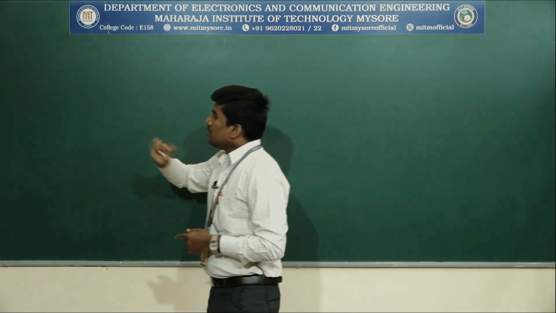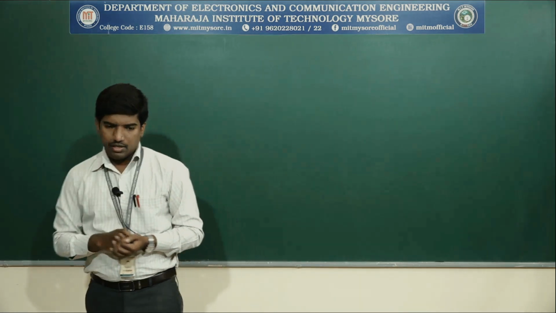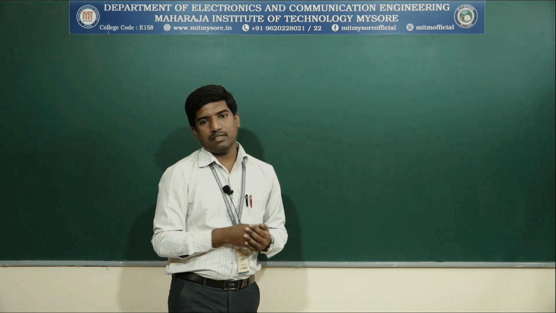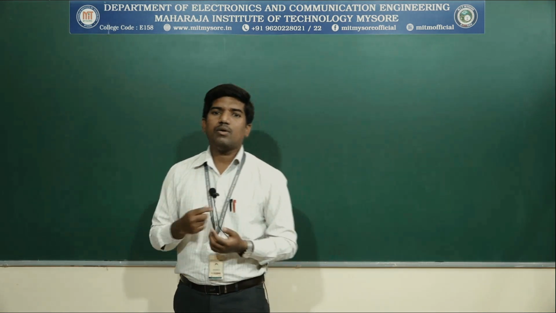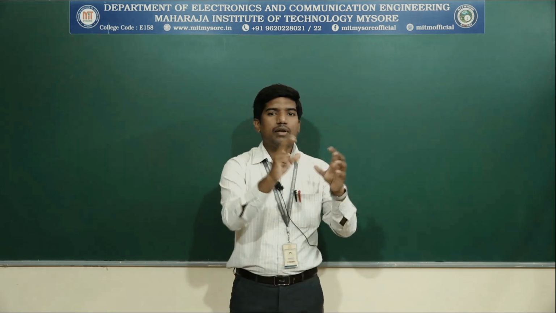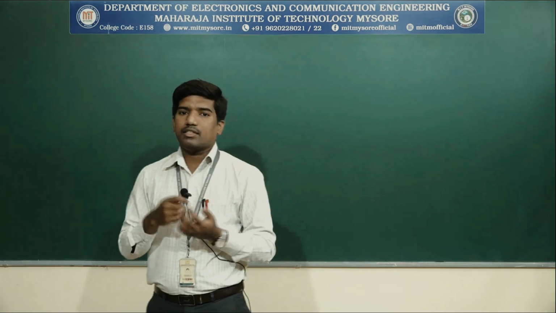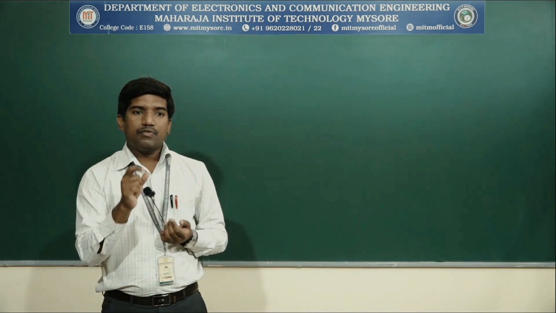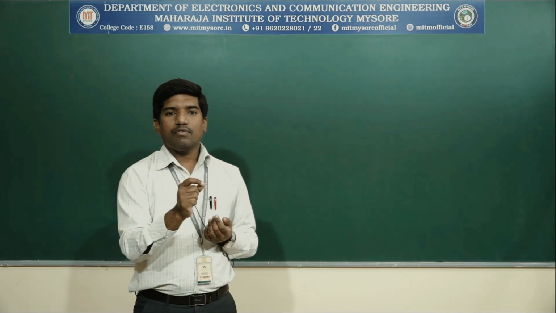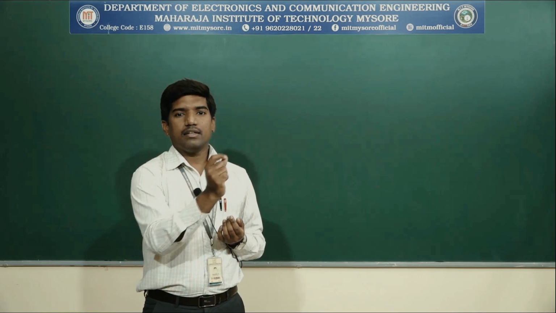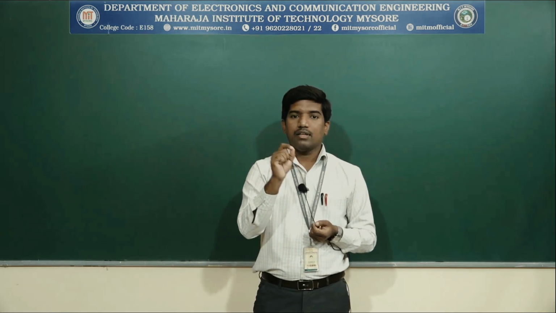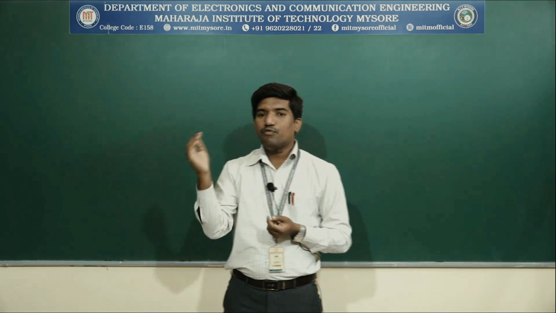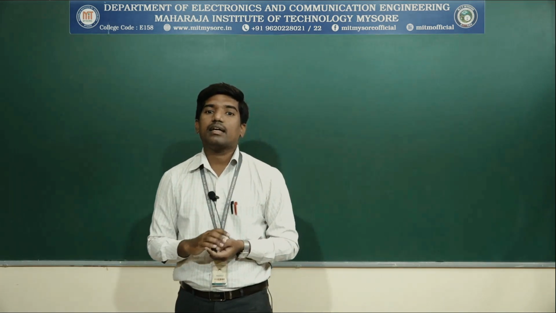So the first concept is how the magnetic field develops. Tell me how a magnetic field develops around a material. What is a magnetic field actually? Magnetic field is the effect of flow of current through a conductor.